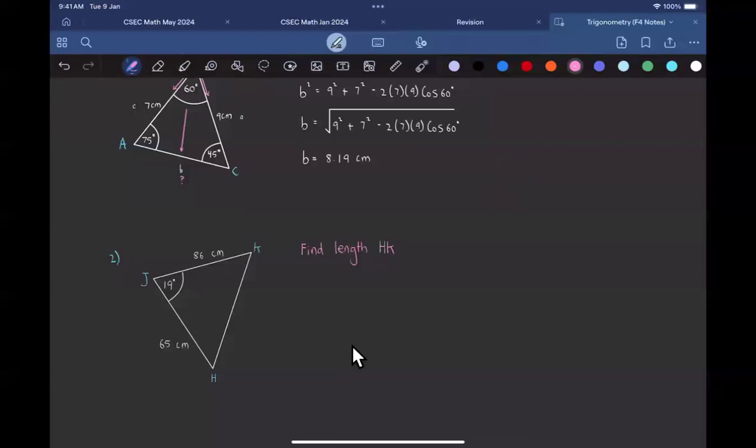So you're going to put square root, one bracket, 86 squared. 32.40.